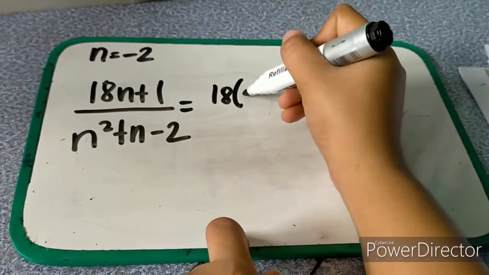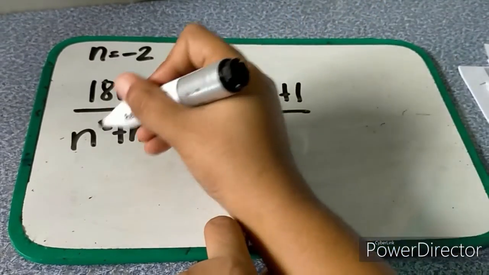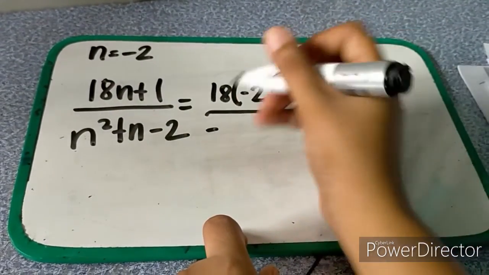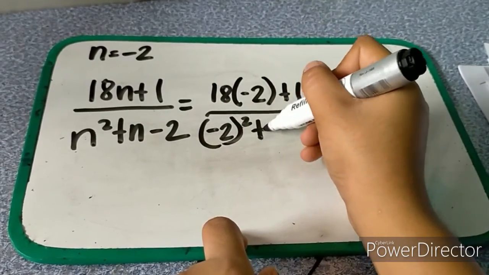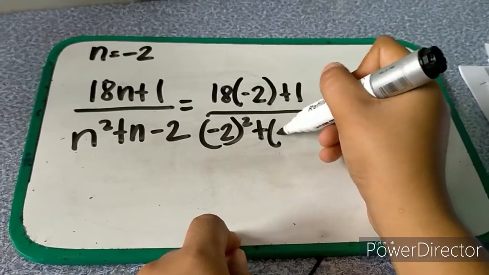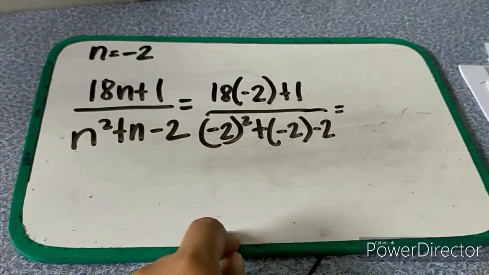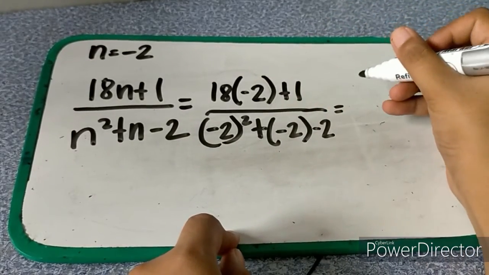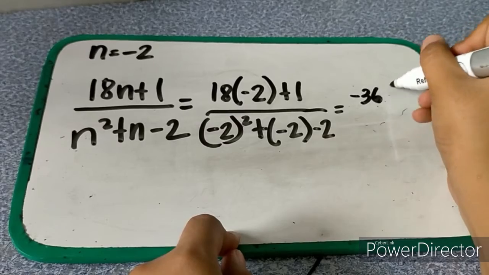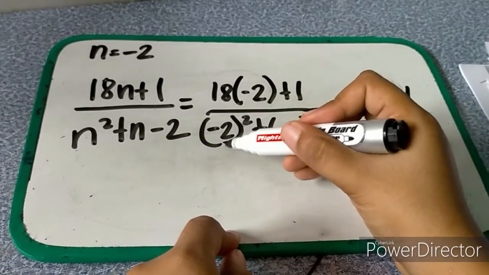18, ang n natin ay negative 2 plus 1 over n squared is n natin negative 2 squared plus, and again, substitute is negative 2 minus 2 is equal to 18 times negative 2 is negative 36 plus 1. Next, negative 2 squared.